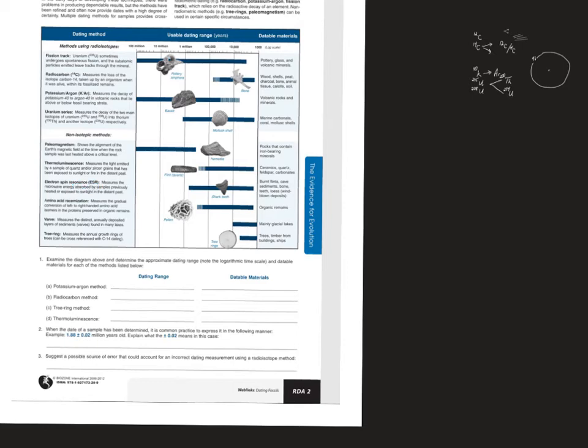I think that's obvious. Amino acid racemization. There you're dealing with the conversion of amino acids from left to right-handed amino acids, and that has to do with the orientation of the amino acid. So remember, we talked about amino acids that have the R group sitting out. You have a central carbon. You have an H group.